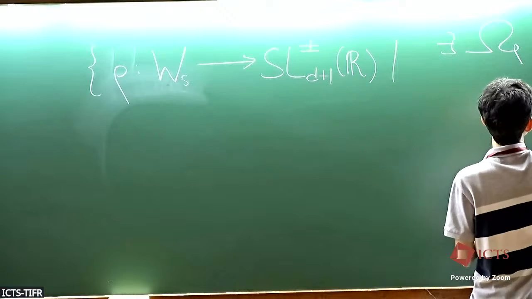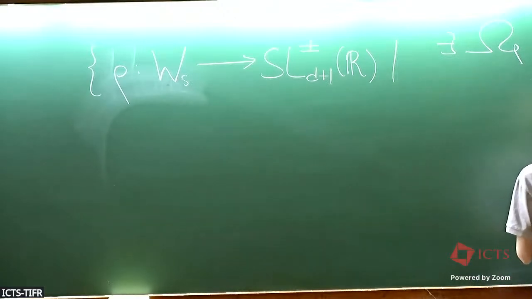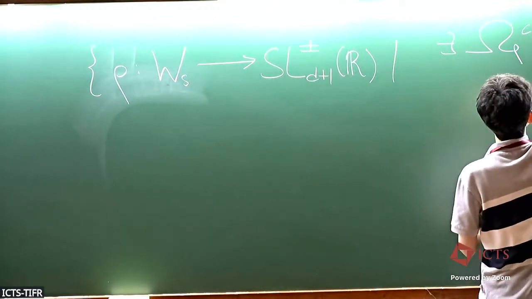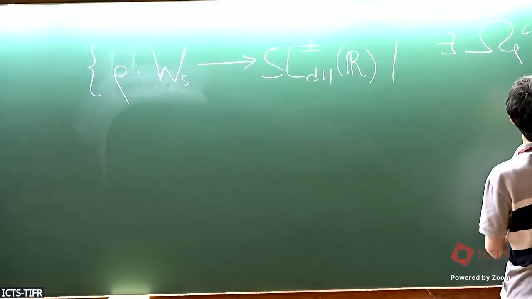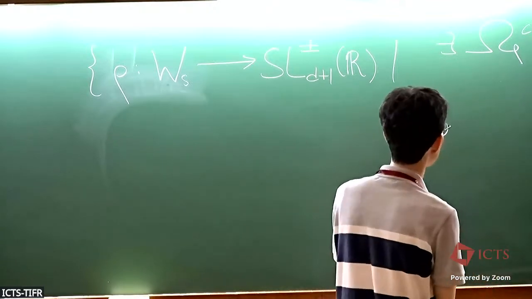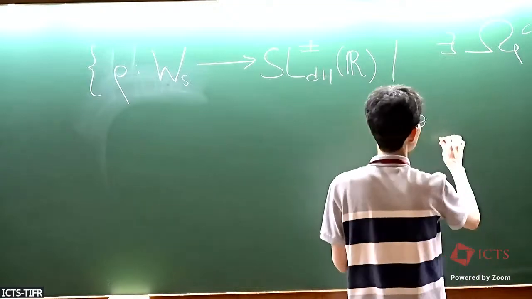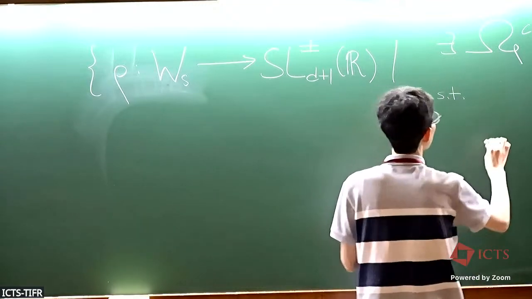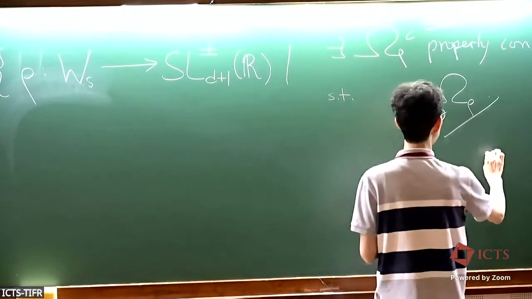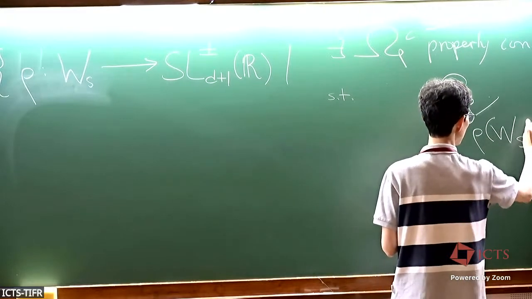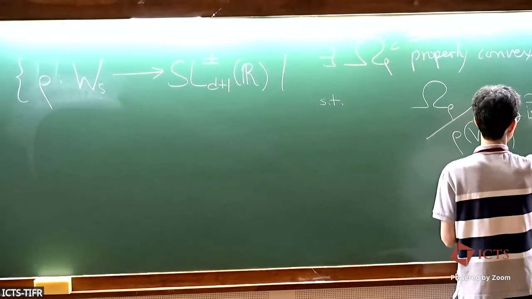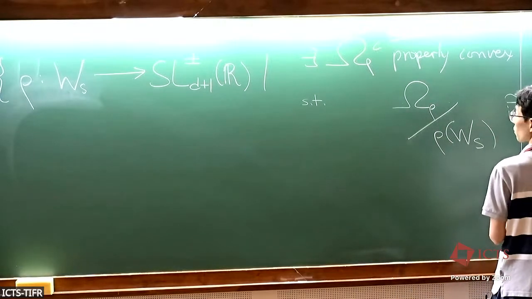This Omega is properly convex, of dimension d, such that the quotient by rho(W_S) is isomorphic to this orbifold.